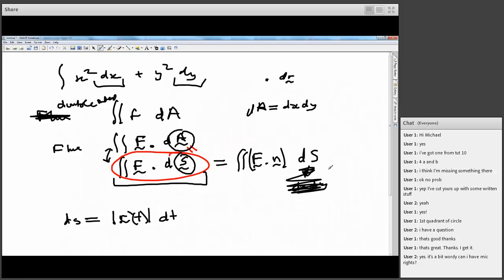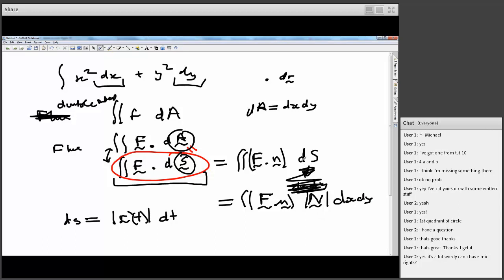The same sort of thing applies here: to change this into a nice flat region, I still have f dot n, so I still have that component, but the ds becomes the length of some particular vector, which we'll work out in a second, times the normal flat area, so I might say dx dy.